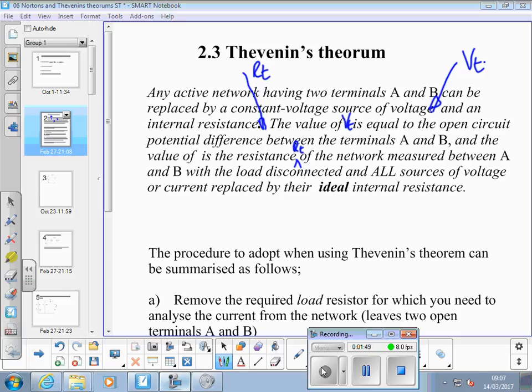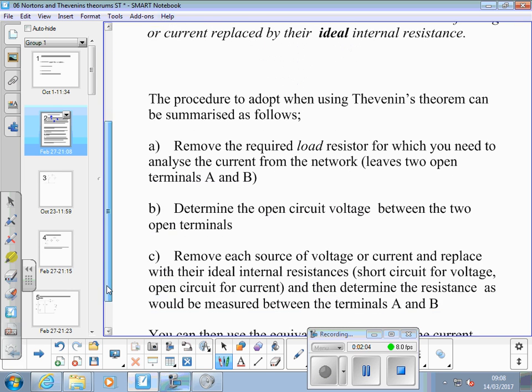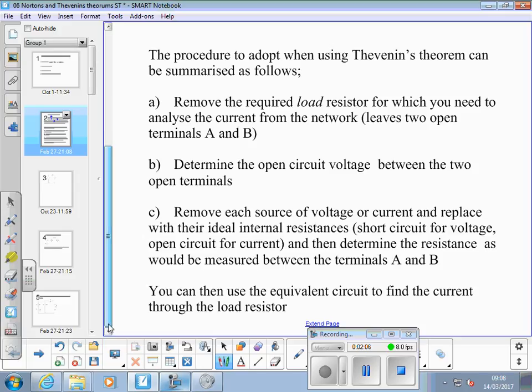The best way to do it is to do Thevenin's theorem.